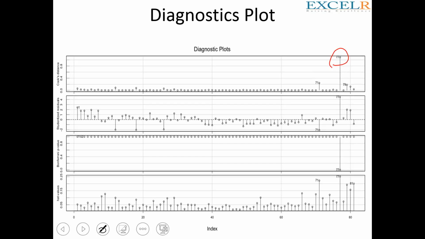And there are multiple different measures used to check which variable is influential. One such measure is called Cook's distance. This also measures the difference between the regression coefficients obtained from your full data and the regression coefficients obtained by deleting the ith observation.